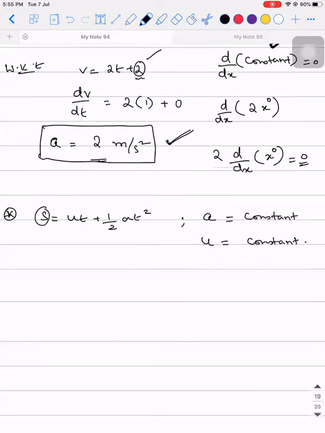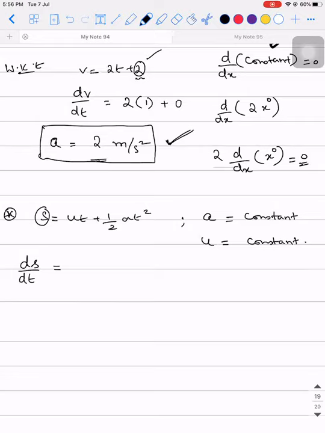Now, this is an expression, a function of displacement in terms of time. In physics, it is nothing but an equation for displacement in terms of time. If I differentiate the displacement with respect to time, what will I get?